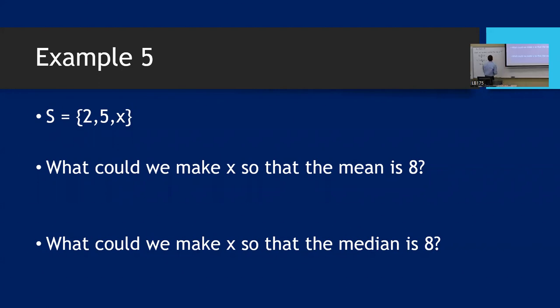Now let's do the same set. And I want you to figure out, how could you, in this exact same set, 2, 5, x, make it so that the average of the set is 8? And what could you make x so that the median of the set is 8?